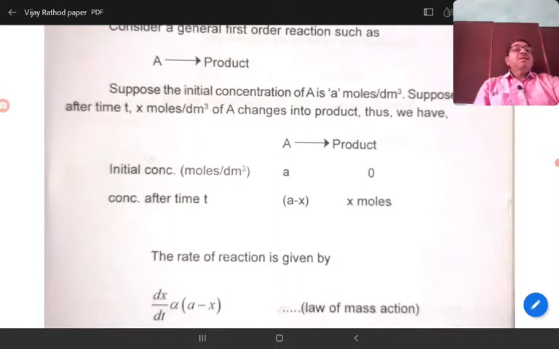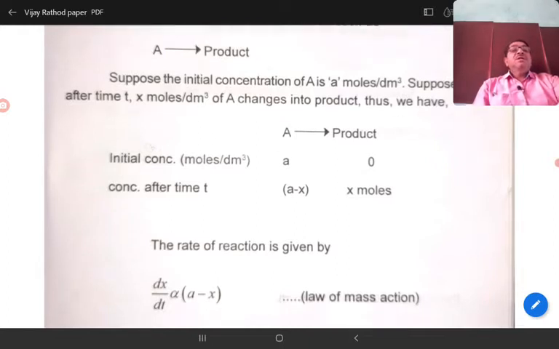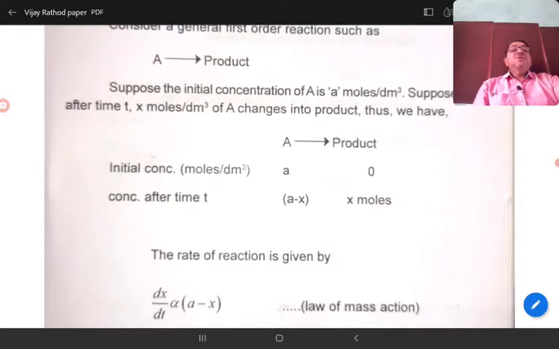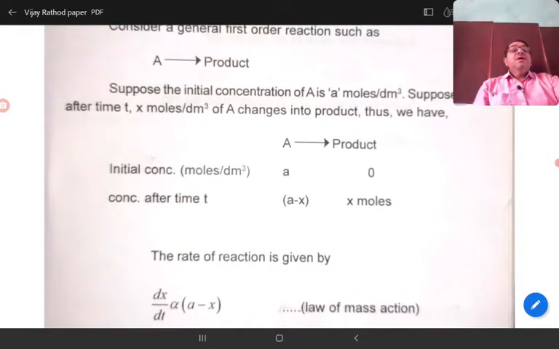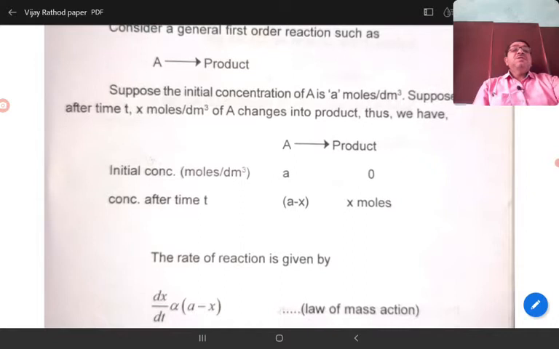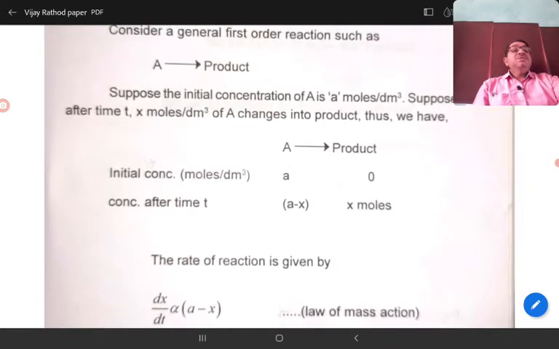When the reaction carries on, after time t, the concentration of reactant A becomes less, that is a minus x. At the initial time, the concentration of product is 0.